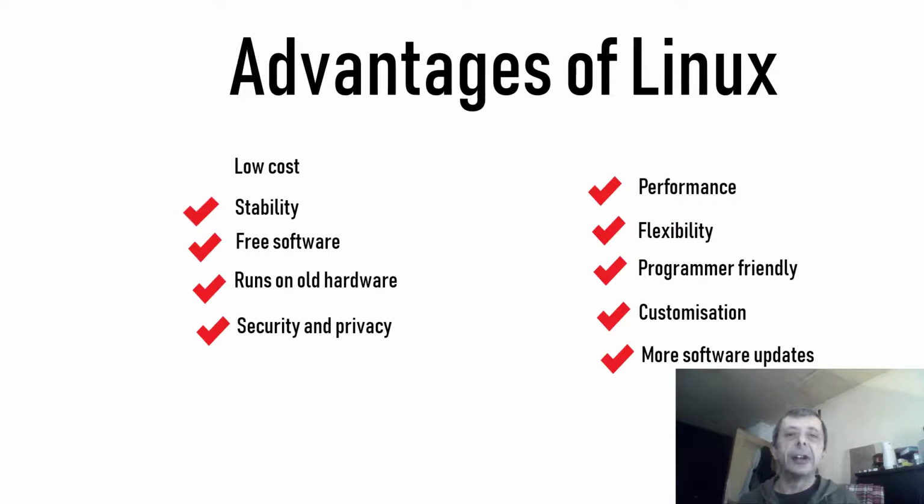Customization. You can change your version of Linux to be anything you want. You can have a text-based only operating system. You can choose what desktop you want, whether you want a flash modern desktop or whether you want to go retro, the sort of Windows 95 style desktop. It's all there.